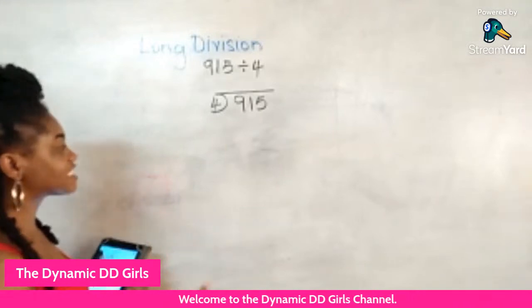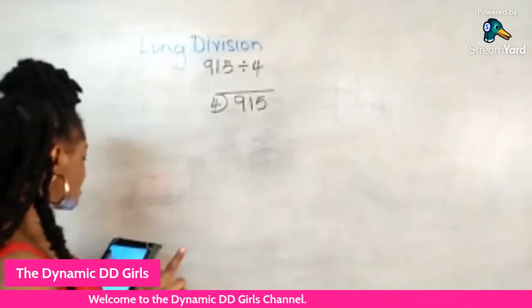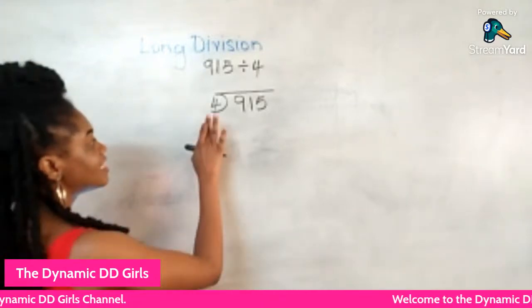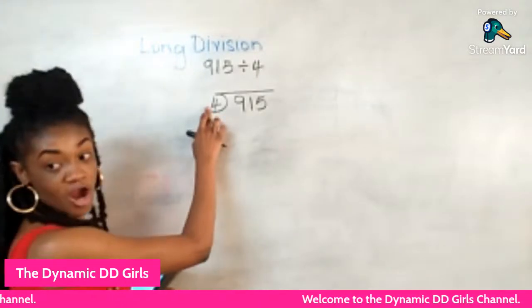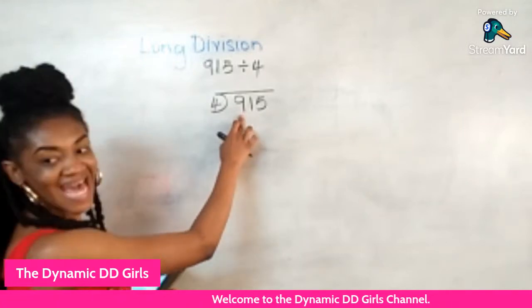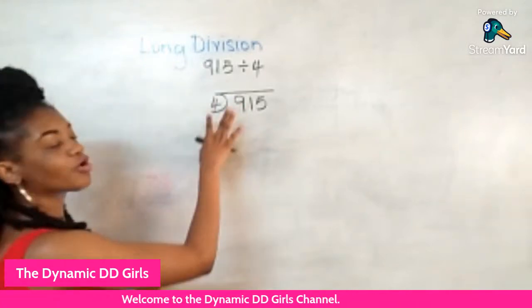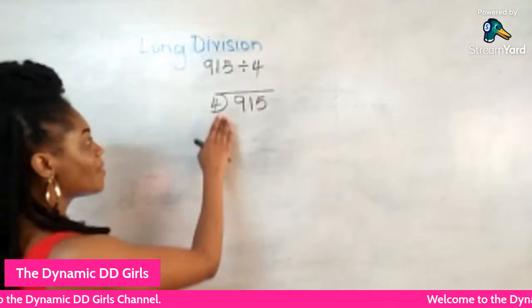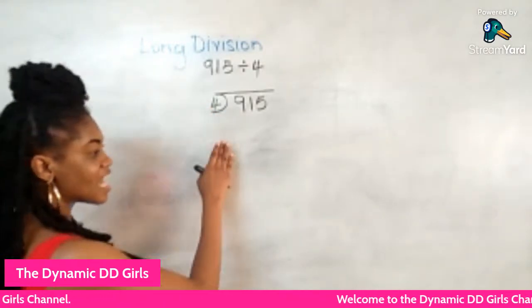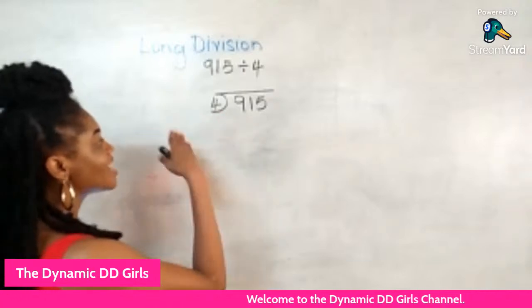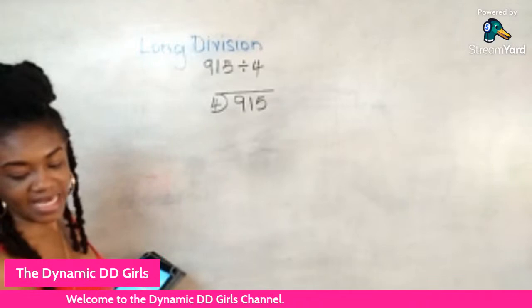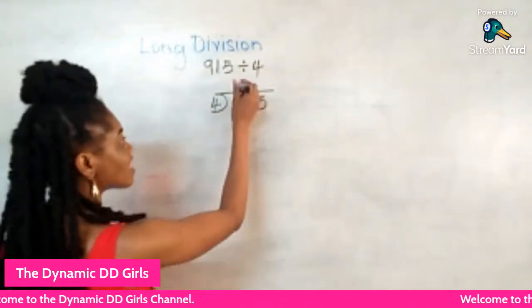The first thing you are going to do is say, how many groups of 4 can you get from 9? We are using our 4 times table in this problem. How many groups of 4s can you get from 9? Of course, we can only get 2 groups of 4.